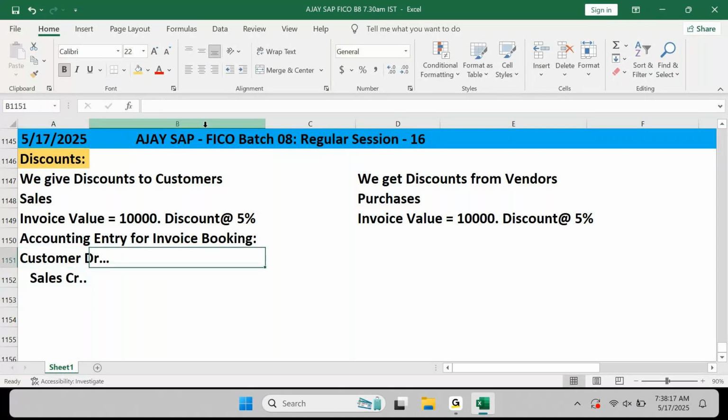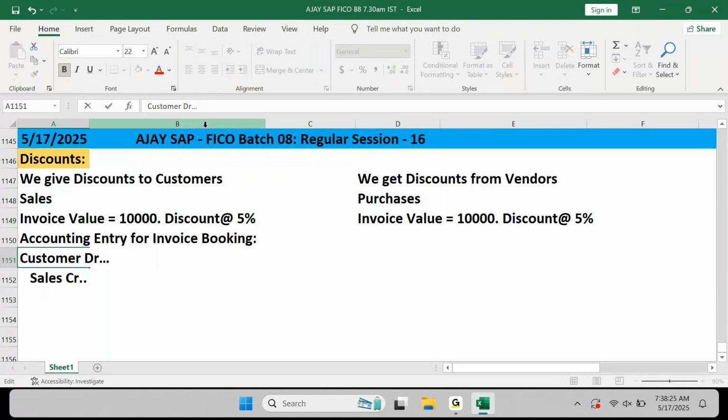What would be the value? Will it be 10,000 minus 5%? It's 10,000 only. Customer debit 10,000, sales credit 10,000.